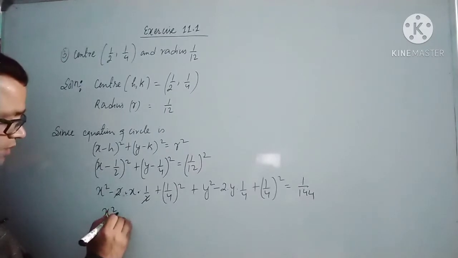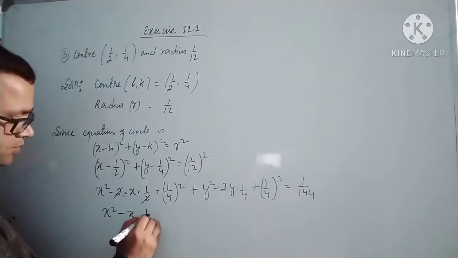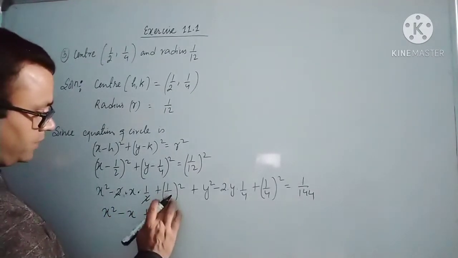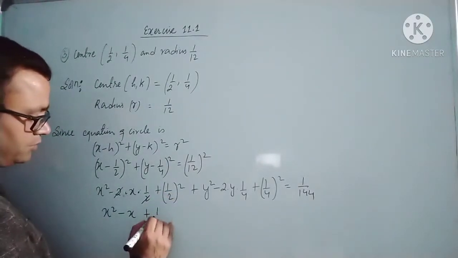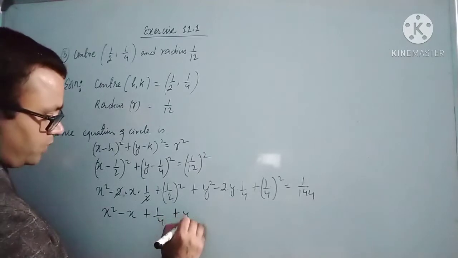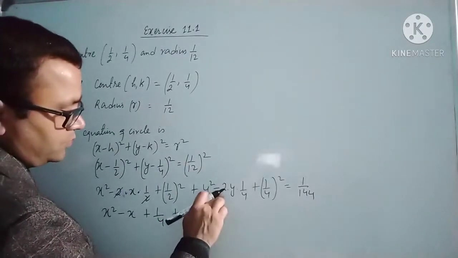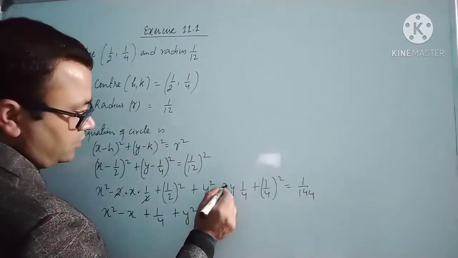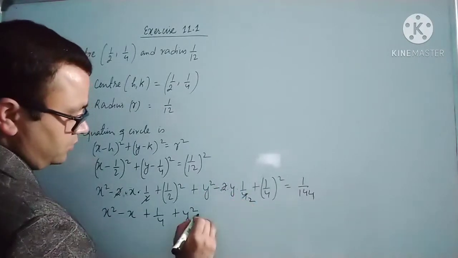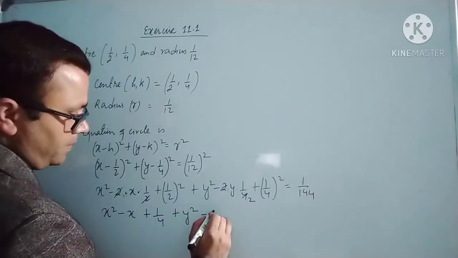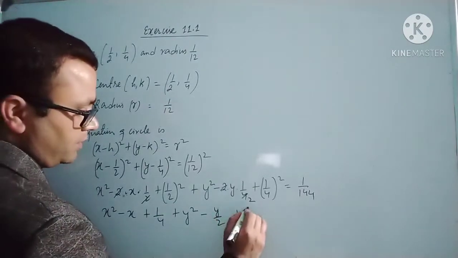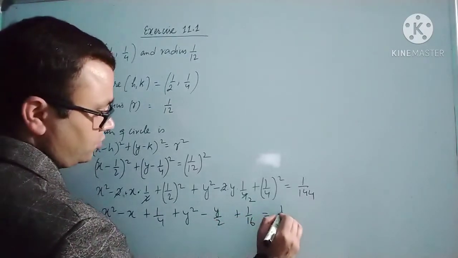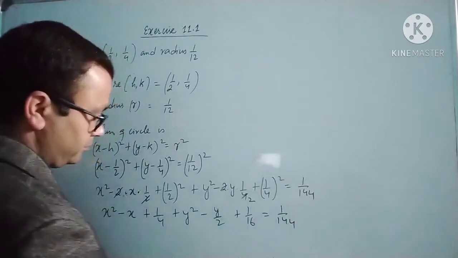So x² - x + (1/2)² is 1/4, plus y² minus y/2 plus 1/16 equals 1/144.